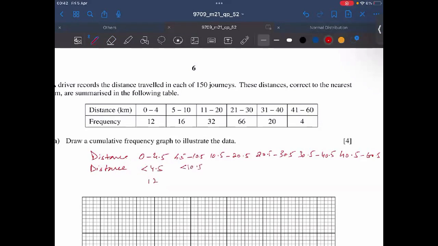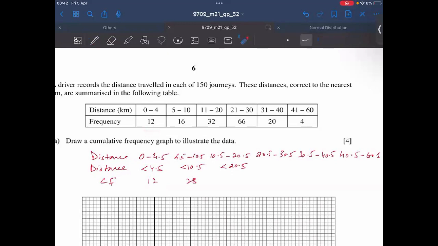Less than 10.5, this is 16 plus 12, 28. This is cumulative frequency. Sir, what was the formula for this? There's no formula for cumulative frequency. It's just that we are adding up.